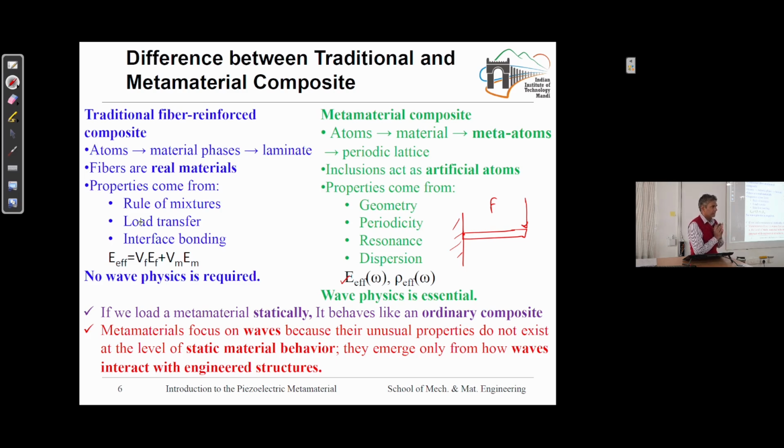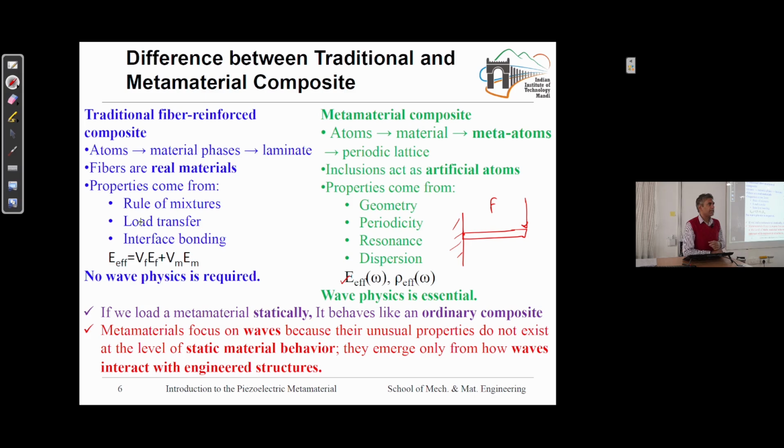As I told you in the beginning, the density cannot be 0 and the Poisson ratio cannot be 0. However, they can be 0, they can even be negative, if your structure is vibrating.